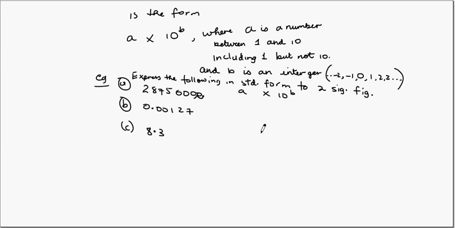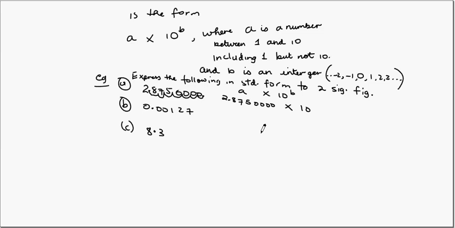That's 1, 2, 3, 4, 5, 6, 7. If I move that point 7 places to the left, you realize that I create this number, 2.875 and 4 zeros.